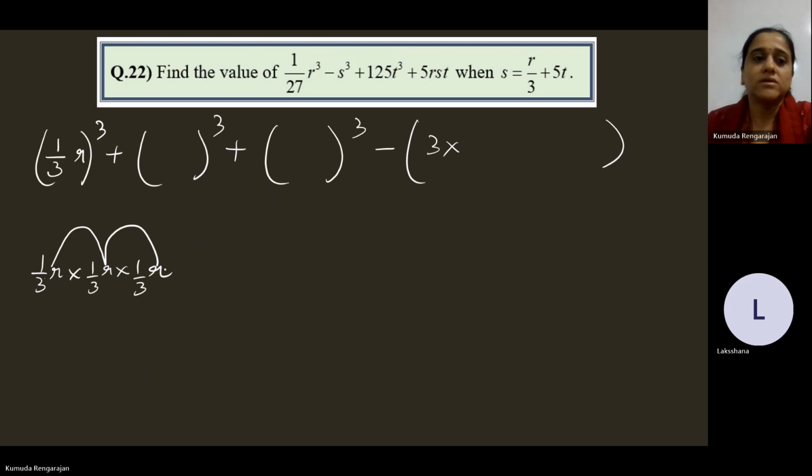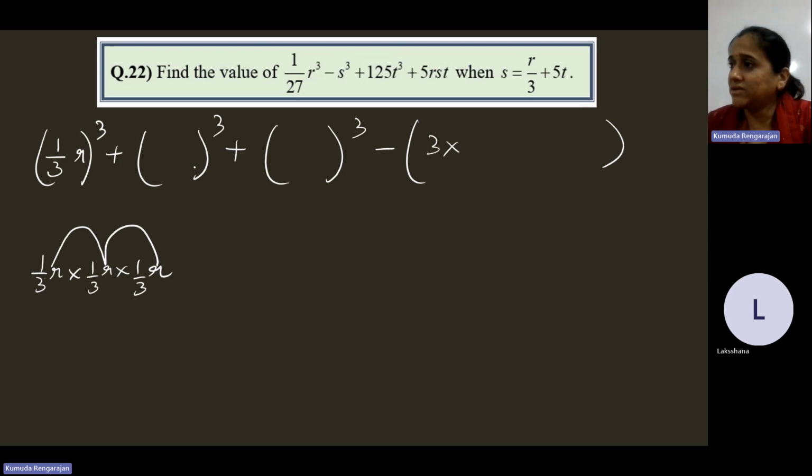So 1 by 3 R the whole cubed. Next one. Because 3 into 3 is 9 and 9 into 3 is 27.